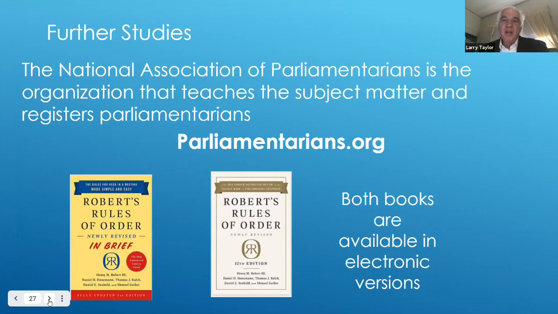And if you want to study this further, there are two books that are really good. As I mentioned, the 12th edition of Robert's Rules of Order was just recently revised and came out last September. And that's the book with the white cover. The good news about it is that it has been extensively rewritten so that it is much more readable than the previous version, and they include more examples. And so there are more illustrations of the concepts of democracy.